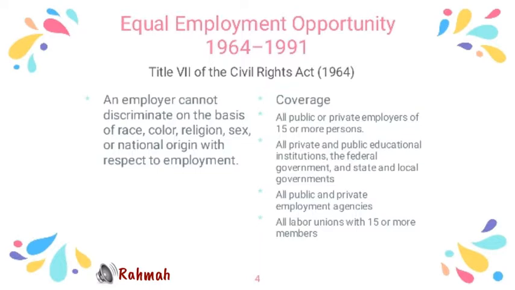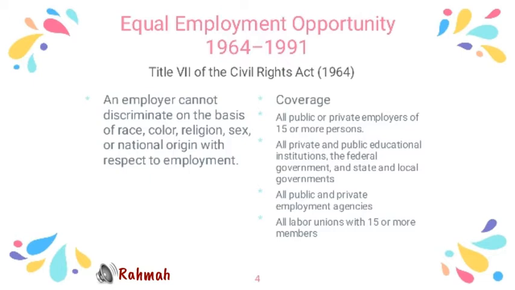Okay, in this slide, you can see the condition of equal employment opportunity from 1964 until 1991. An employer cannot discriminate on the basis of race, color, religion, sex, or national origin.